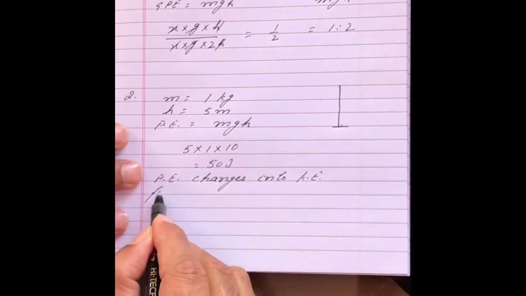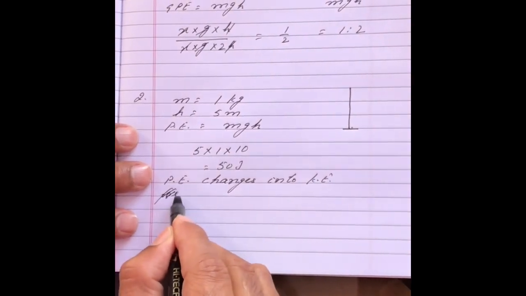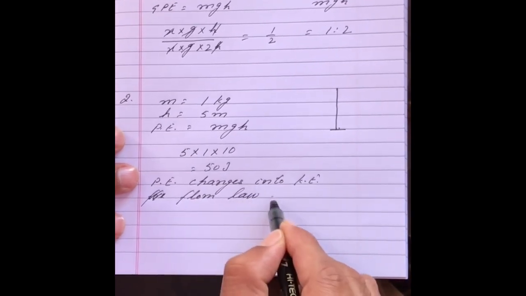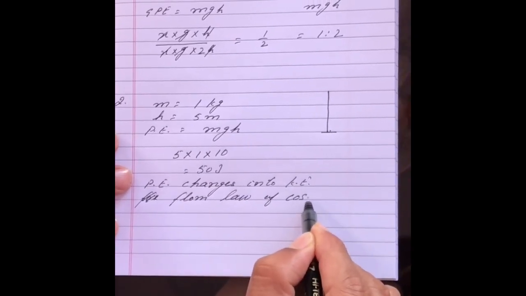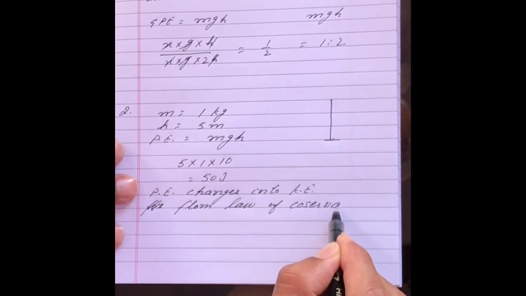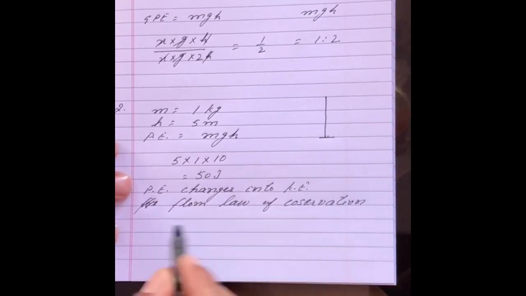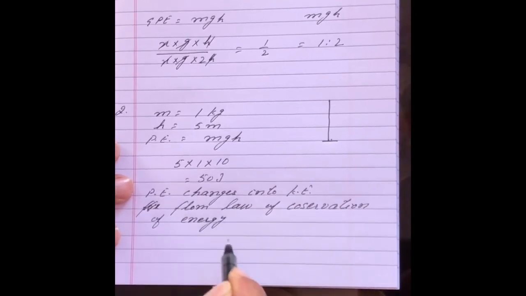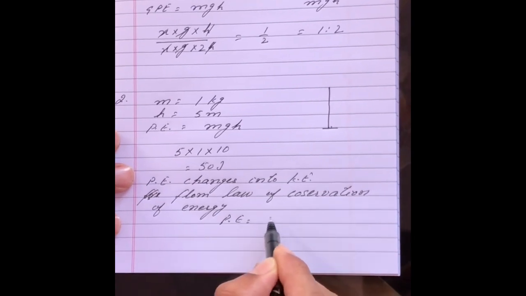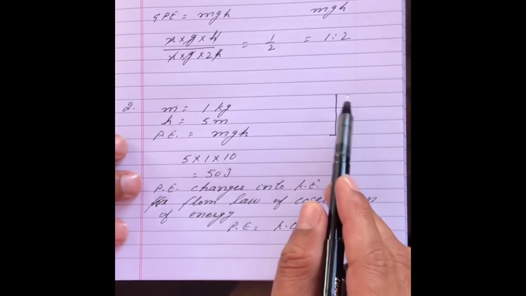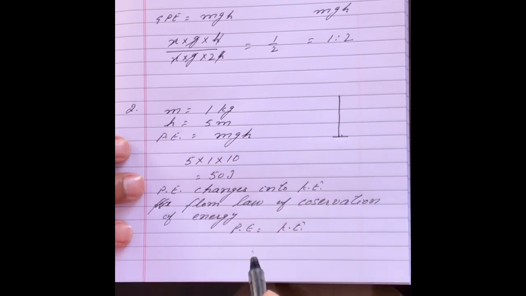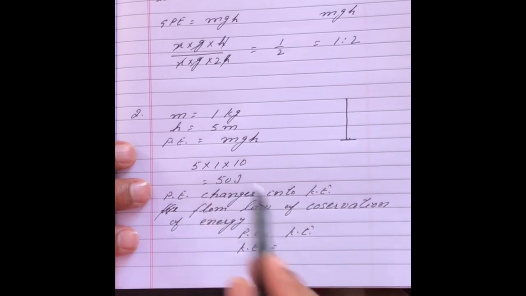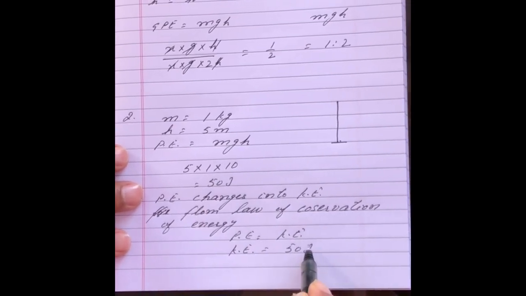From the law of conservation of energy, this potential energy is equal to kinetic energy. This potential energy will change into kinetic energy. So kinetic energy is also equal to potential energy, that is 50 joule.